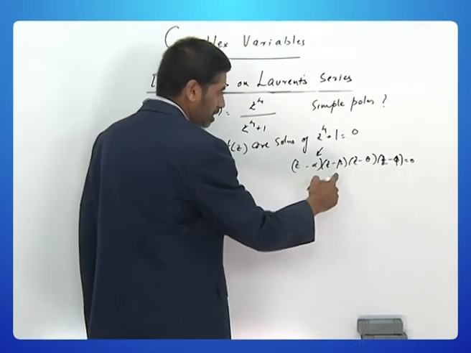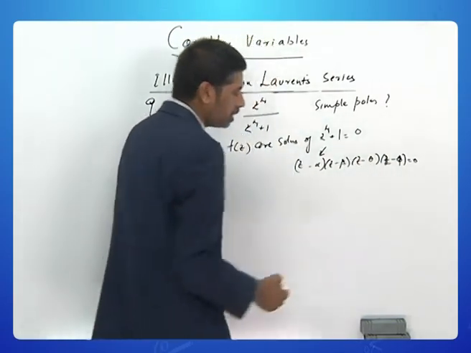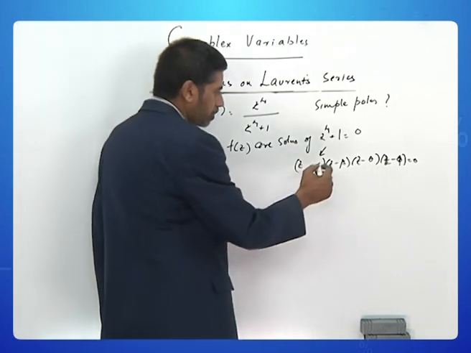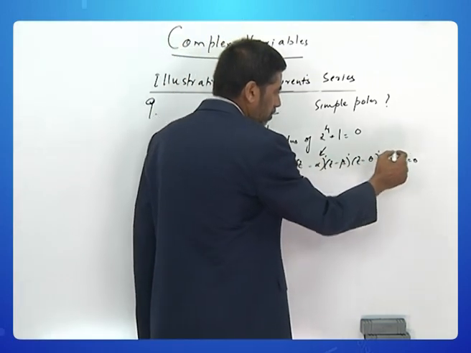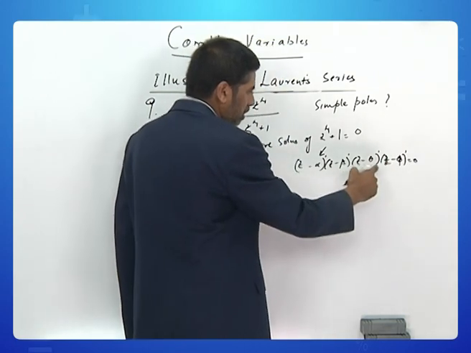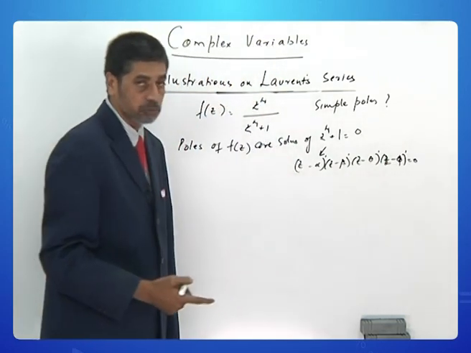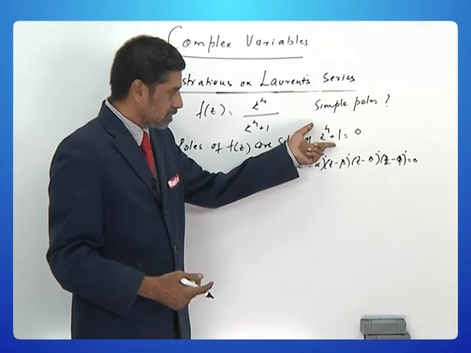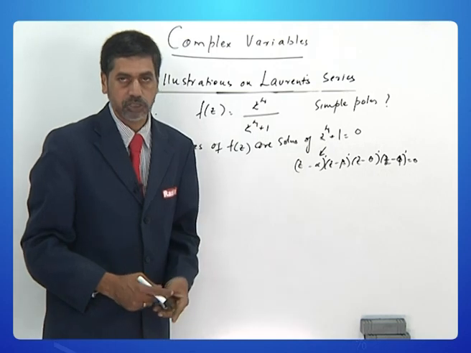If at all we can get this alpha, beta, theta and phi, those are the singularities. And because these are all of power 1, alpha, beta, theta and phi will be the simple poles. In fact, that is what we are trying to do. If you can factorize this, then all of them will be simple poles.